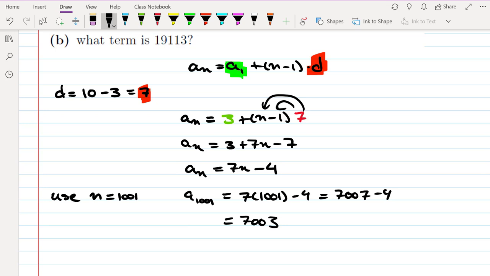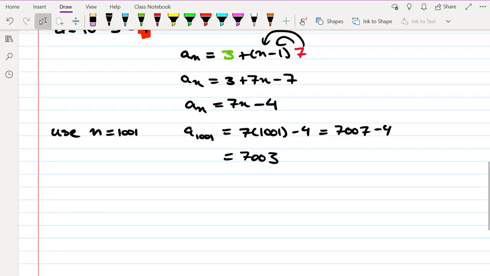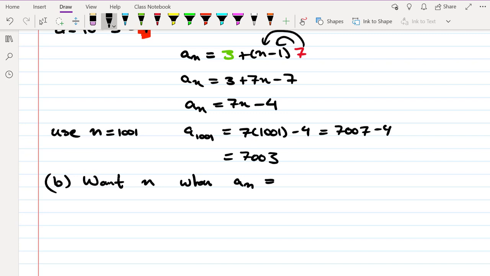The second part of this example asks, what term is 19,113? This time we were given the output and asked to find the corresponding input. So what we want is the input n when a sub n equals 19,113.